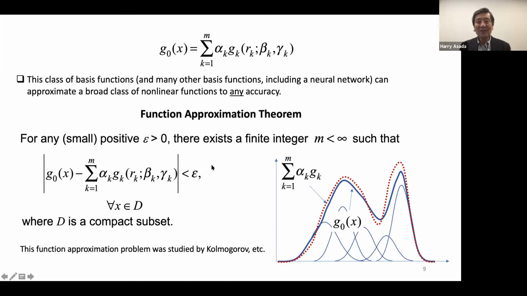The theory does not say how to choose these, but it says that there exists a finite m. So it is just a peace of mind, but doesn't help us construct such a function to approximate it. So in the rest of the part, we have to do it in a constructive way.